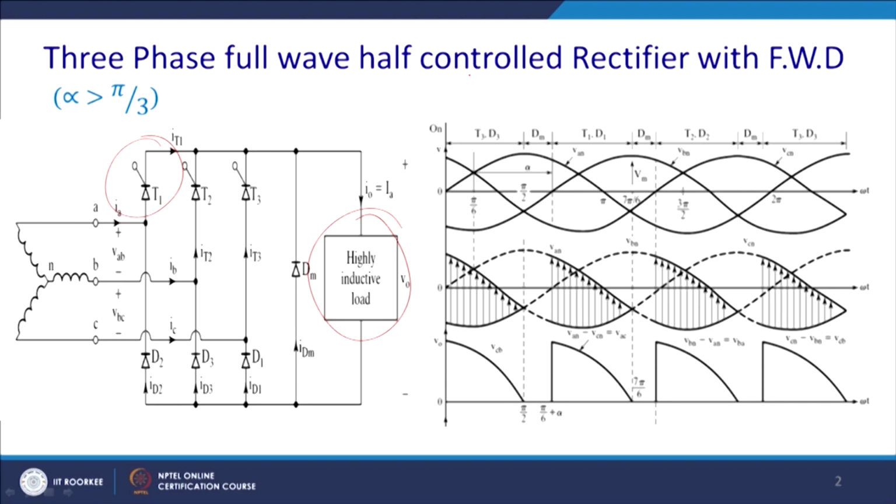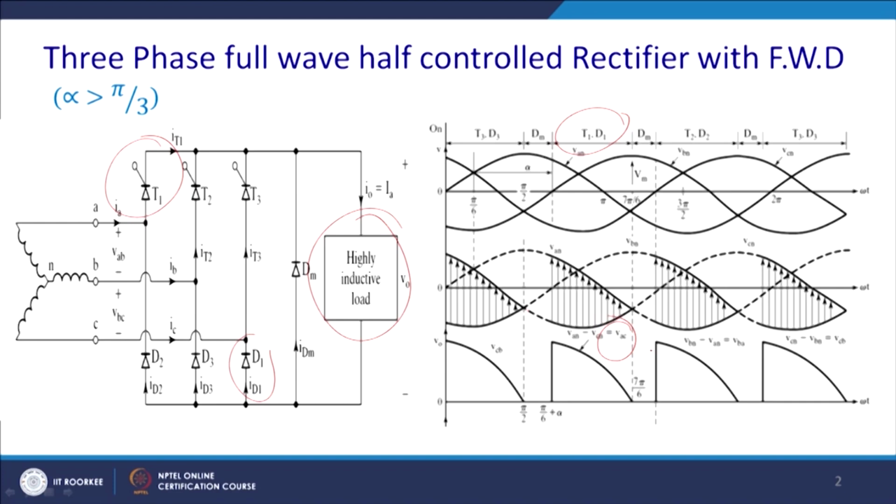So, these are the line voltages, and this is the duration alpha, where alpha is more than pi by 3, 60 degrees, that means it will start from this point, and for this duration T1 and D1 will conduct, and you will get a voltage equivalent to VAC.